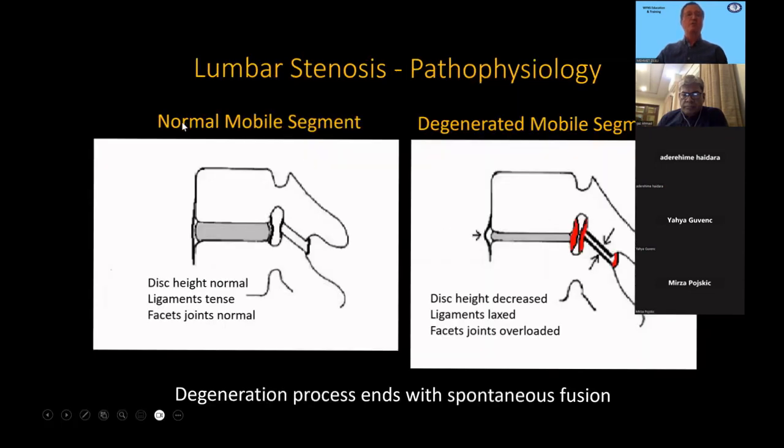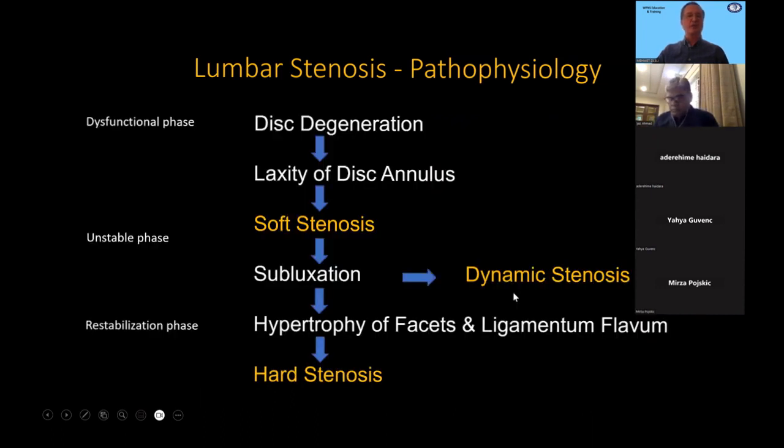If you look at the normal motion segment and the degenerated motion segment, there are significant differences. The disc height is decreased, ligaments are lax, and facet joints are overloaded. The so-called ligament hypertrophy is not a real hypertrophy, actually. It is a buckling of the ligaments, as you know.